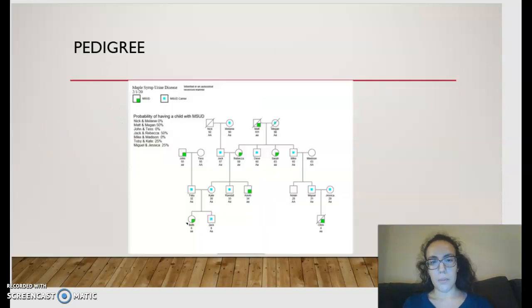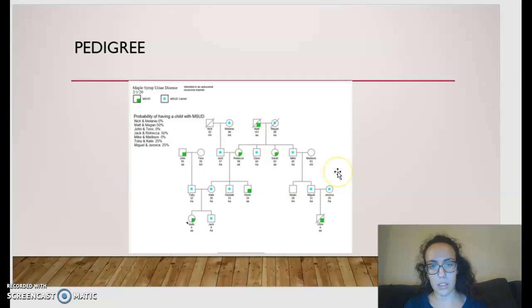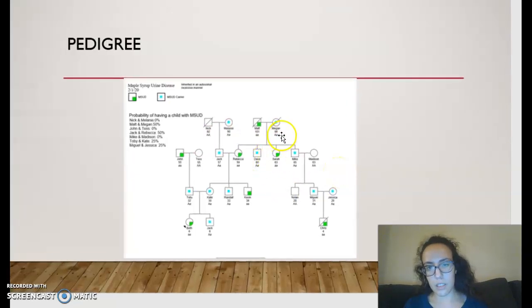To go more in depth, I have a pedigree here. So earlier I talked about how MSUD can skip generations, which many autosomal recessive diseases can. We see this here. So the blue dots mark carriers of the genes. If we look here where Mike and Madison have children, all of their children are unaffected.